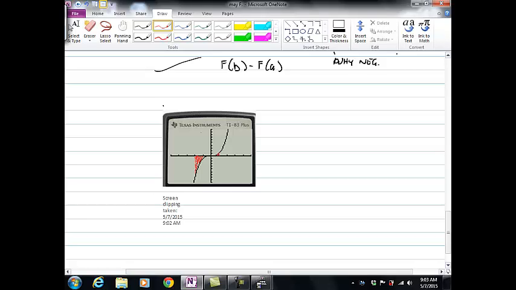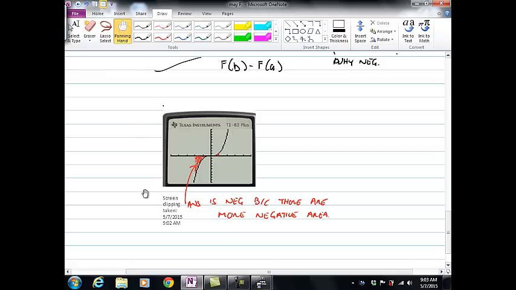In reality, my answer is negative because there are more negative areas. Which means the area is going to be under the x-axis. That's what it means.